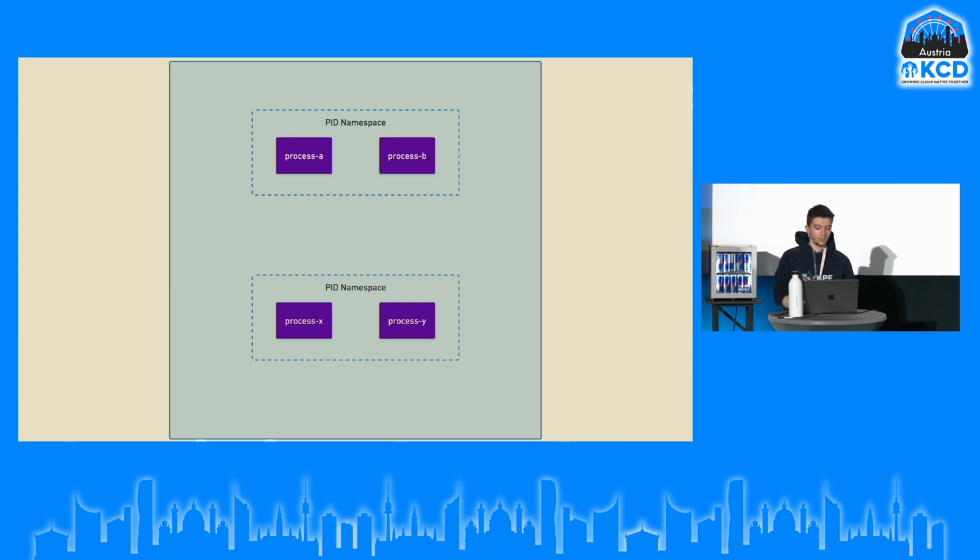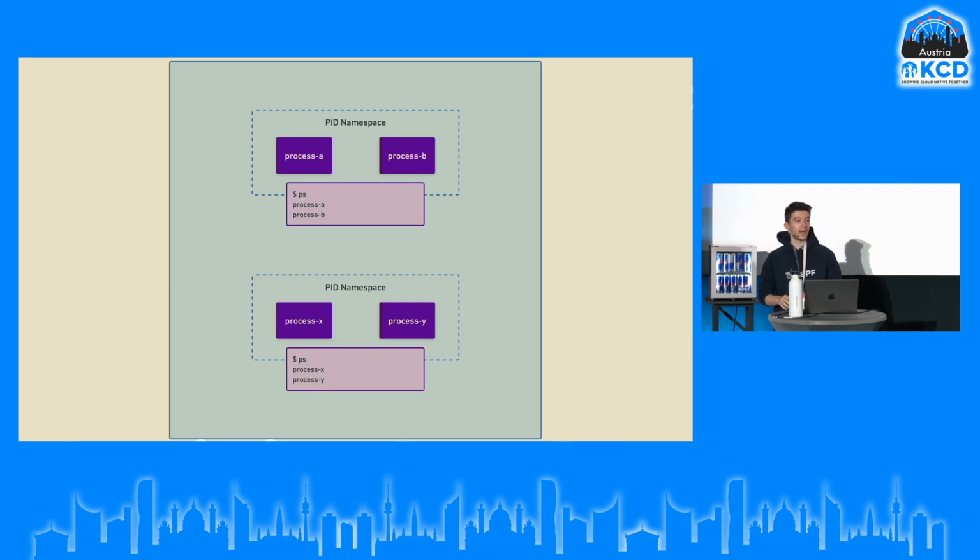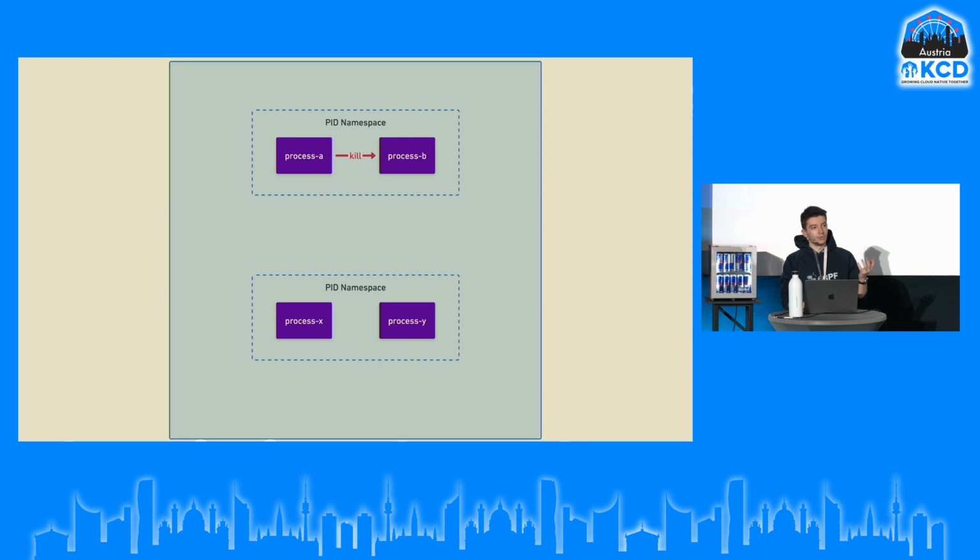What does this mean? Well, it means that if you were now to execute a new process, such as PS, which lists you all the available processes, you're going to see just the processes running within that namespace. Simple enough, right? So for the upper one, we would only see A and B, for the bottom one, X and Y. And you can only interact with processes that are in the same namespace as yours.